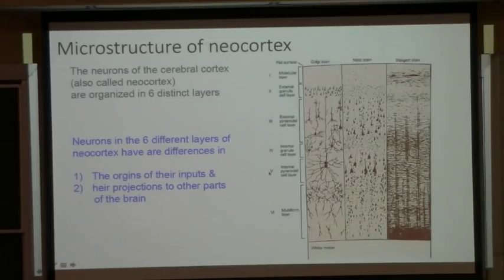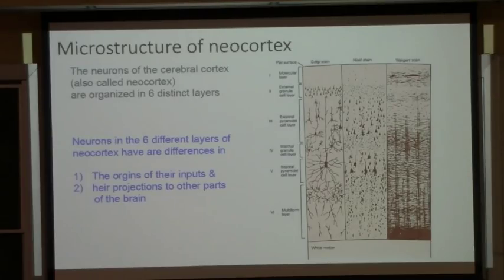So, for example, if you look at the primary sensory cortex, because it is more like sensory information input, it will have a very rich layer 4. While if you look at the primary motor cortex, it is more for the motor function, so it has more output of the signal.